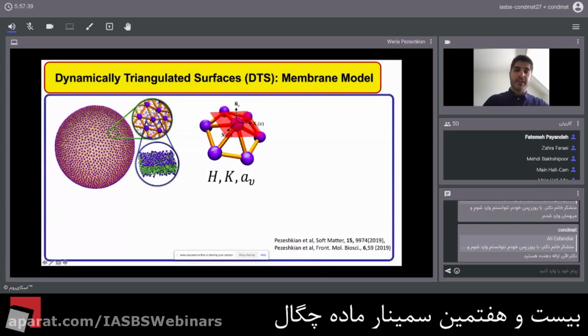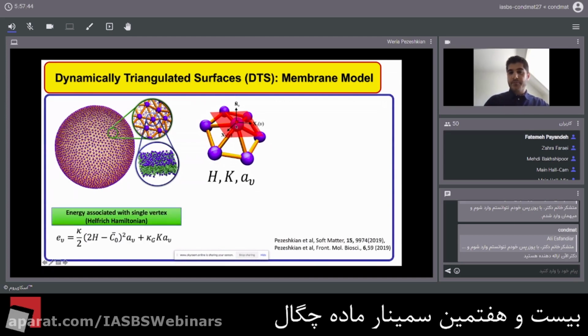So you can obtain a local coordinate system at each vertex. When we have these properties, you can use a discretized version of the Helfrich Hamiltonian, which eventually is just a harmonic potential of the mean and Gaussian curvature. Now, of the principal curvatures, not the Gaussian. The Gaussian curvature is already a second-order term.